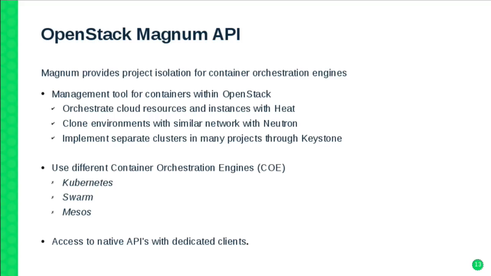And we can, of course, deploy multiple clusters for one project, and each project can have multiple Kubernetes clusters as well. So, of course, we will be talking about Kubernetes, but Magnum can also be used for deploying different container orchestration engines like Swarm or Mesos.